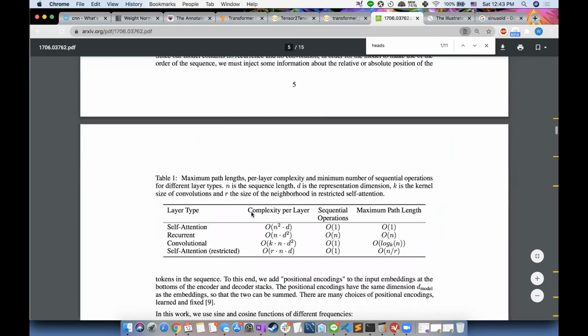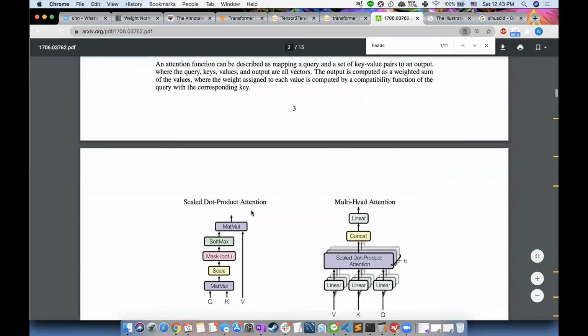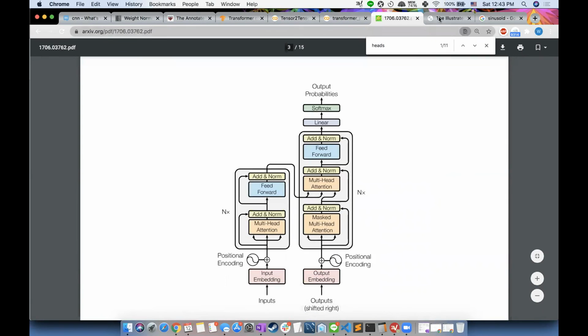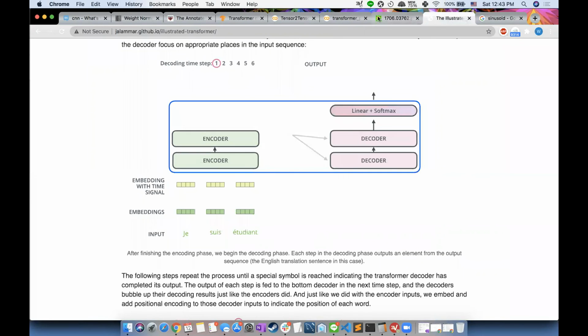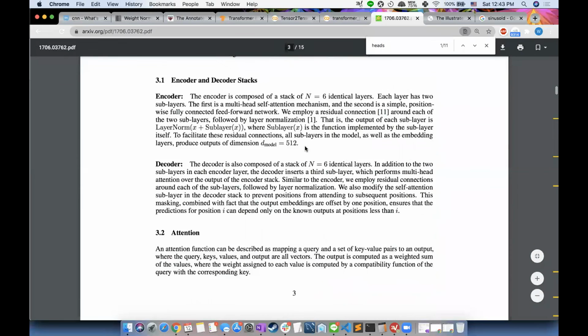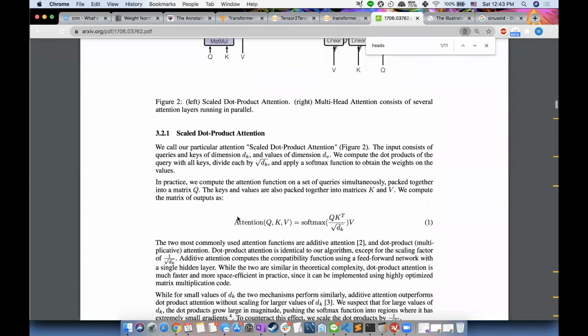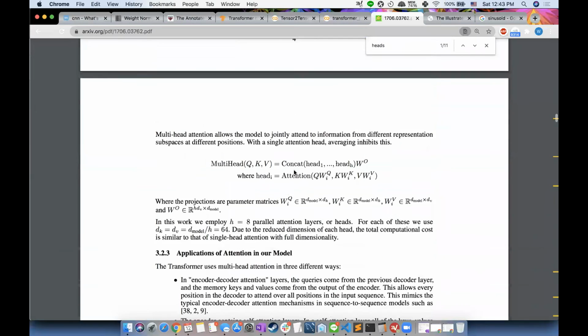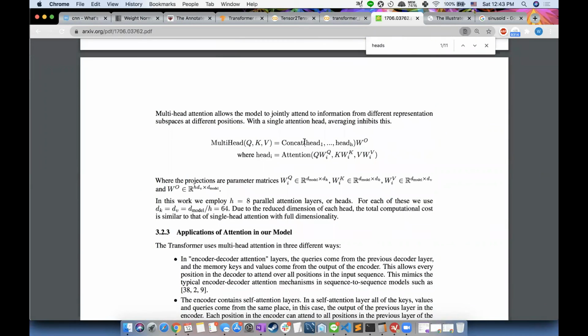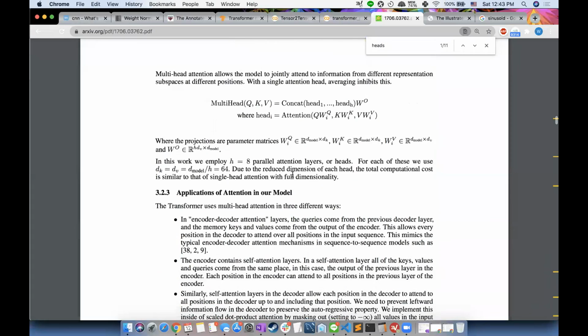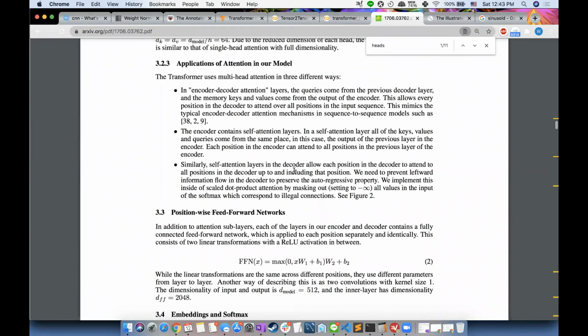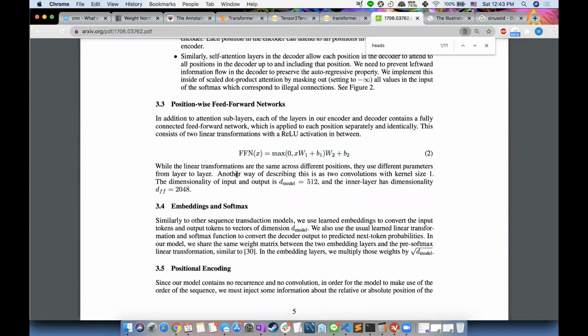We'll try to compare this graph with what we have done here, and talk a little about the mathematics, which we've already gone through. Remember concatenating all the heads together? It's represented here mathematically. And the feed-forward neural network, how that's done mathematically.